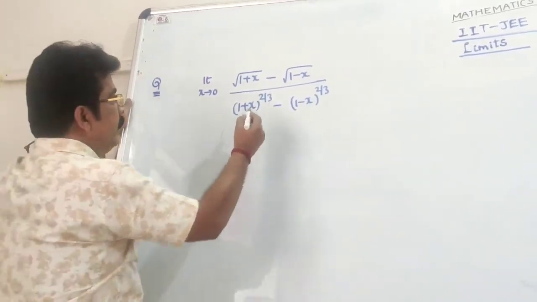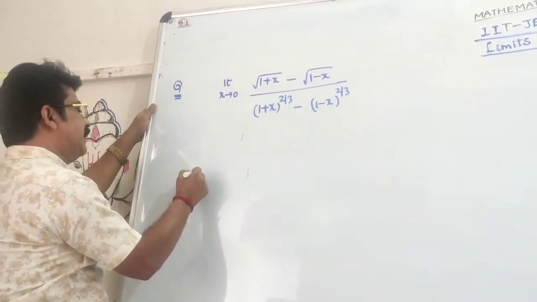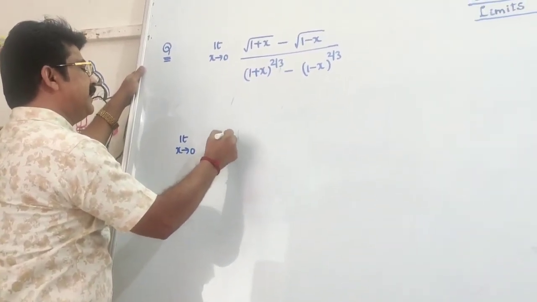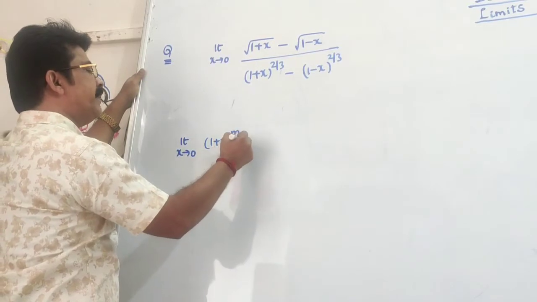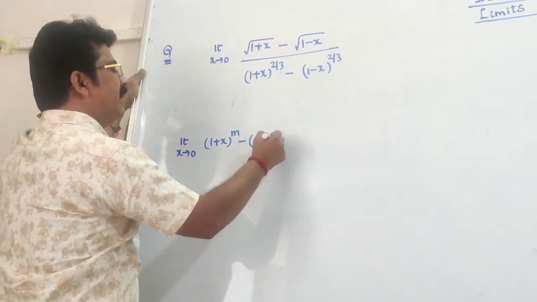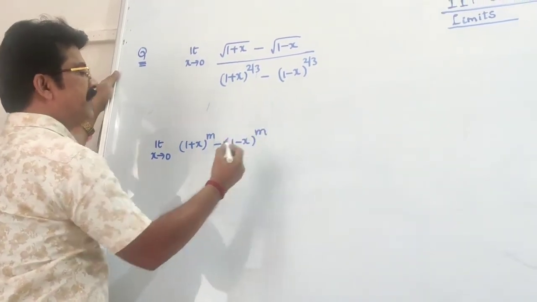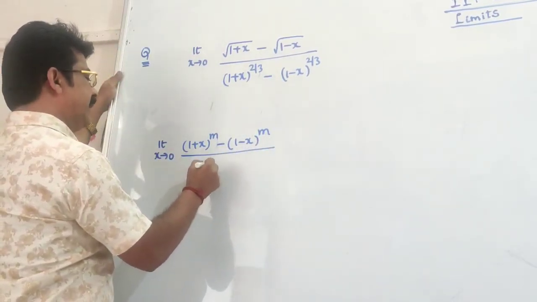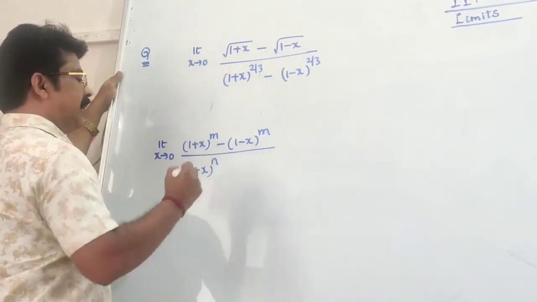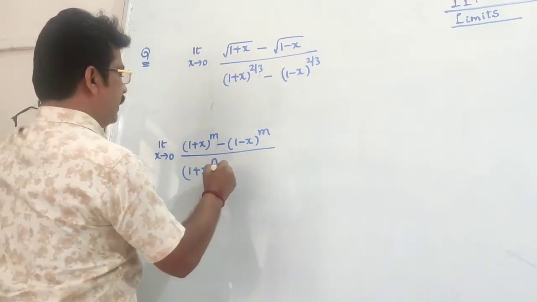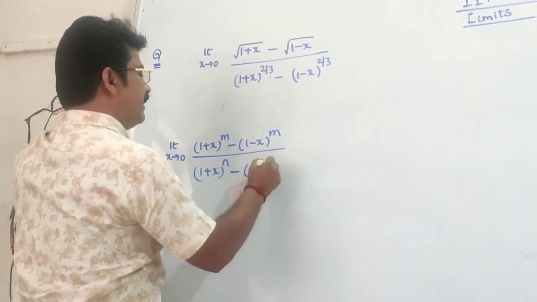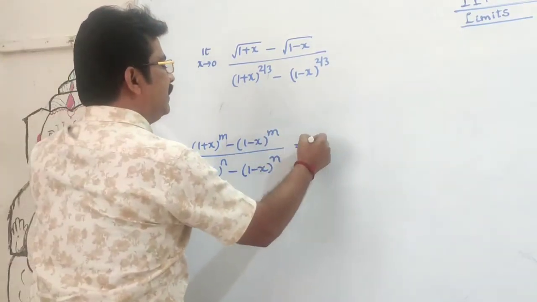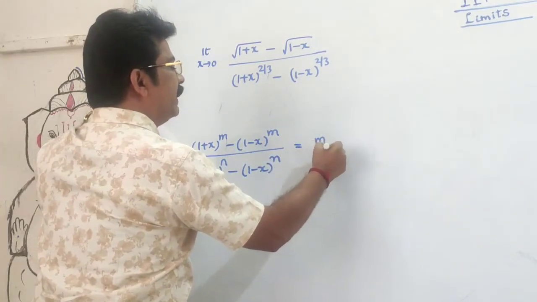Actually, it is in the form of limit x tends to 0, (1 plus x) whole to the power of m minus (1 minus x) whole to the power of the same m, divided by (1 plus x) whole to the power of another definite exponent n minus (1 minus x) to the power of n. Its shortcut is equal to m by n.